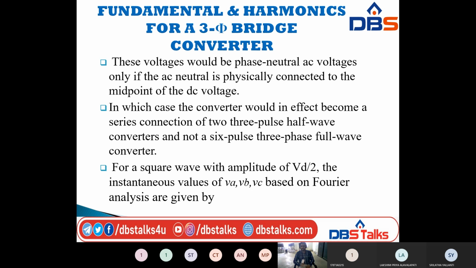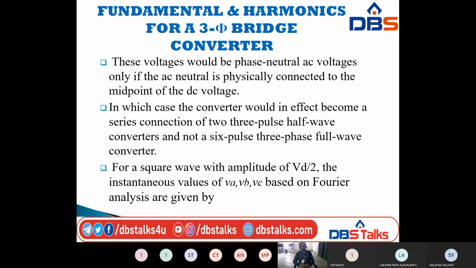Okay, in which case the converter would in effect become a series connection of two three-phase half-wave converters. Actually, in this case I am dealing with the three-phase full-wave bridge converter, but in which case the converter would in effect become a series connection of two three-phase half-wave converters and not a six-pulse three-phase full-wave bridge converter.